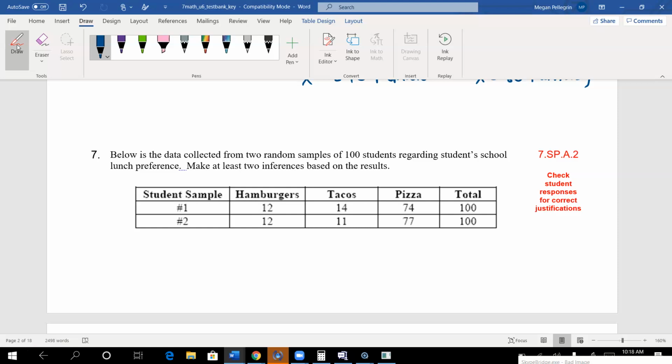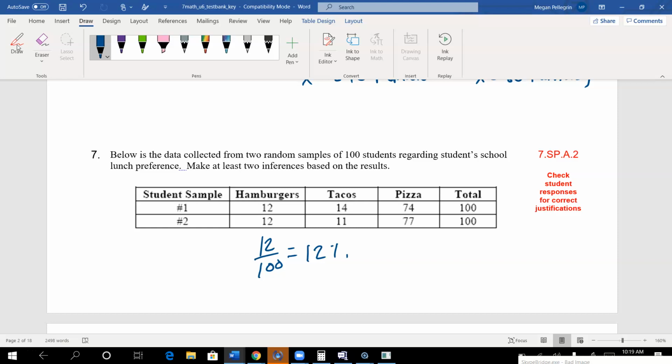We could say that less than 50% of the students like hamburgers over pizza, because 12 out of 100 is less than 50%, 12%.